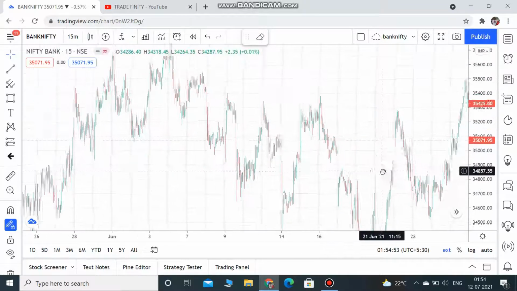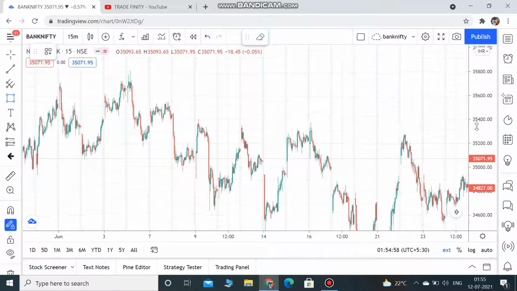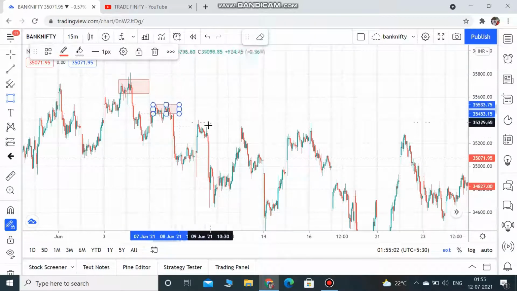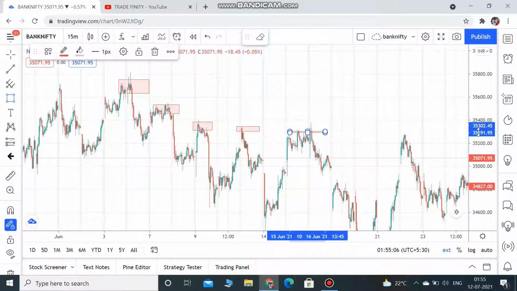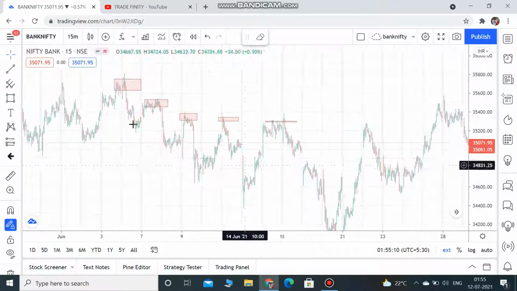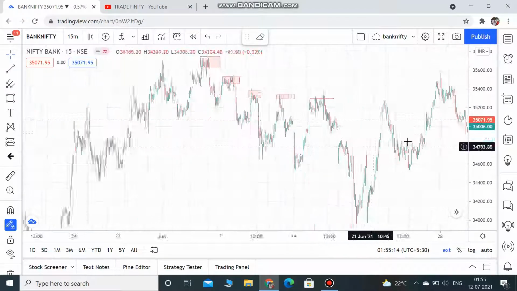So I'll be marking all the important resistance and support. This will be my first resistance, second resistance, third resistance, fourth, this, all my resistance are done. So I will be analyzing for this part, right?